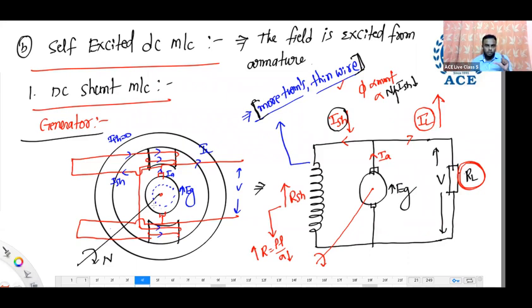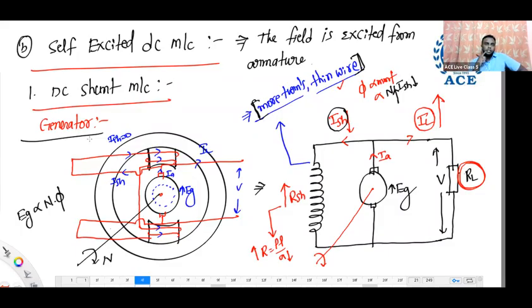Whenever you rotate, will any voltage be induced here? No voltage, because no field current, no flux in the generator. In order to produce EMF in generators, mainly two things are required: speed and flux. Speed should be there, flux also should be there. If any one of these is zero, no EMF will come.